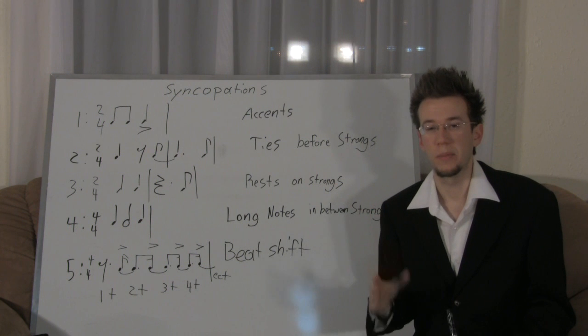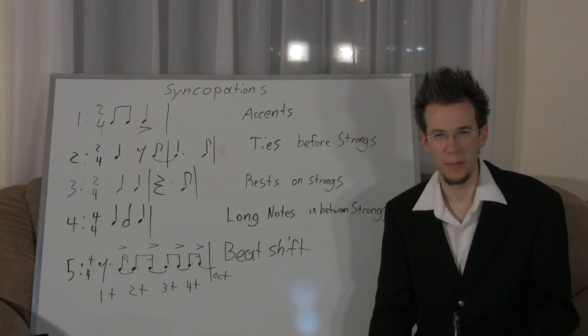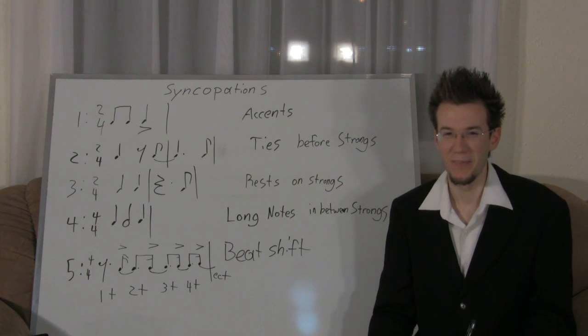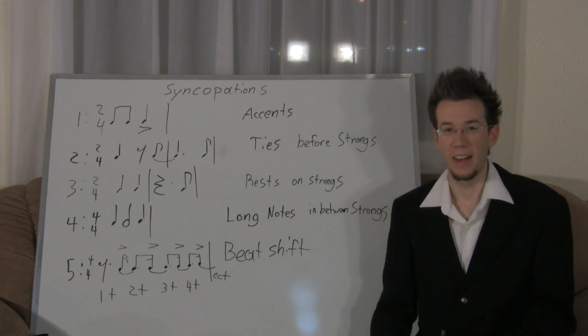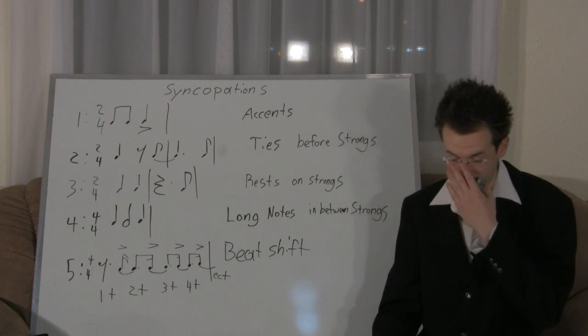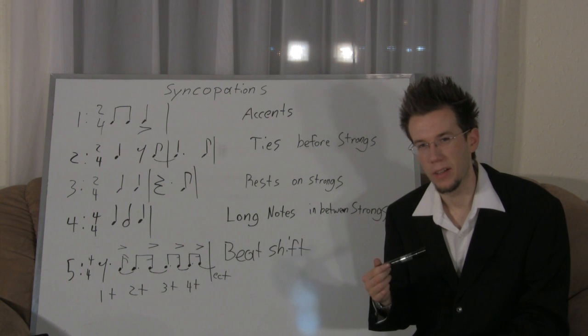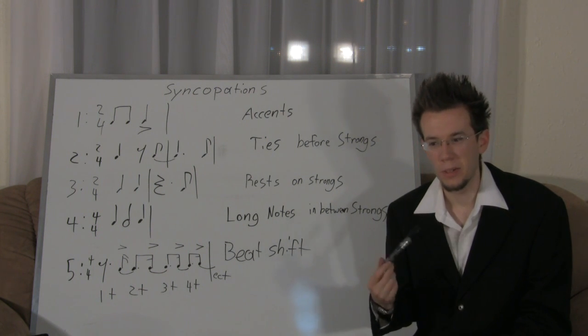But then along comes a note and it's like, hey buddy, I'm not going to follow the program. I'm going to do my own thing. And it just comes in at an unexpected time or off beat. So it's like a strong note that draws attention to itself when it shouldn't be.